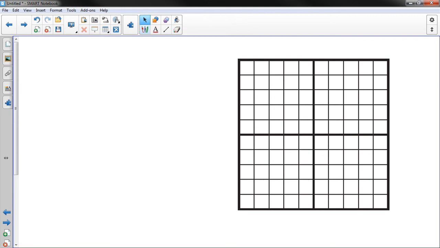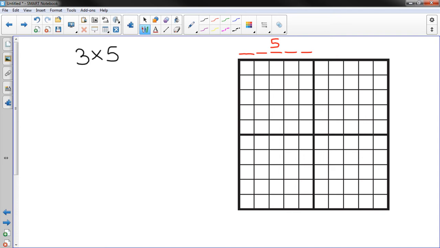So let's try a problem. 3 times 5. We're going to build an area model of this problem. So I'm going to draw some little lines up here, and I'm going to draw 5 of them. And this is going to represent 5. You could draw lines or little circles, but that's going to be 5. And the other dimension along the other side is going to be 3.